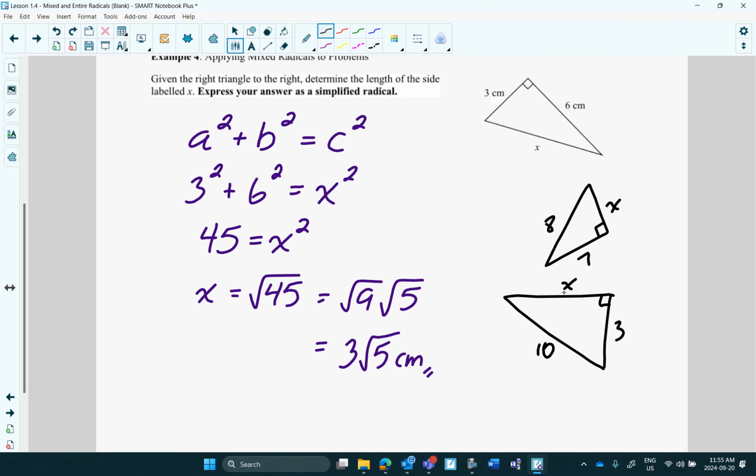Often, sometimes students will make the mistake, and I've seen this with some of you guys last year, where you would automatically take the numbers and put them as A and B. But that's not correct. You got to look at which ones are the legs, which one is the hypotenuse. Because the X could be here, or it could be here, or it could be here. So you got to be careful when you look for that. Okay, good.